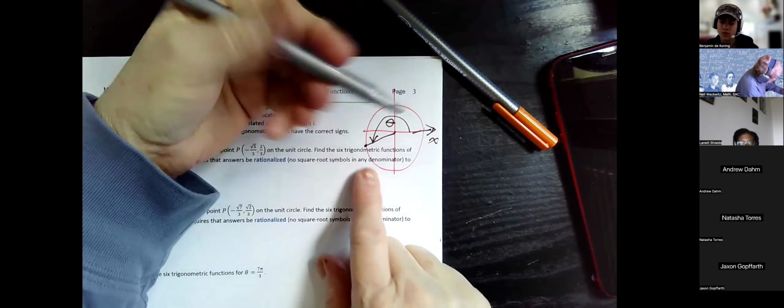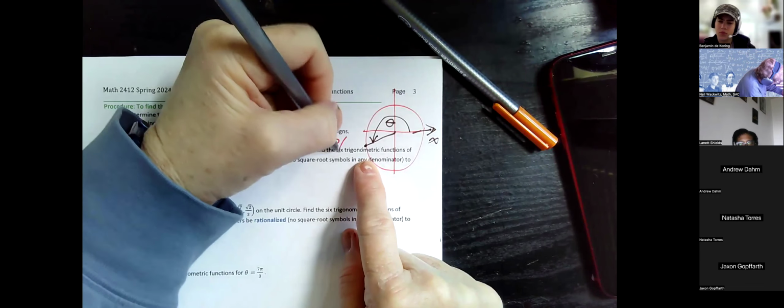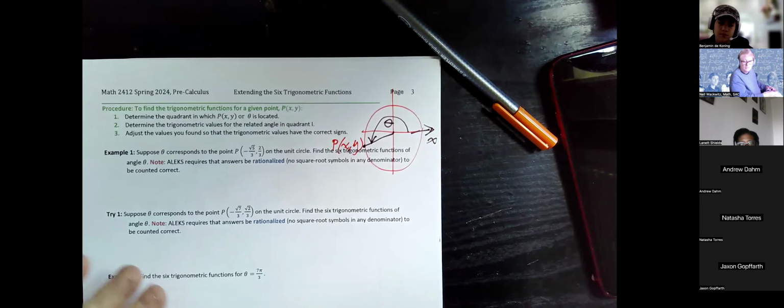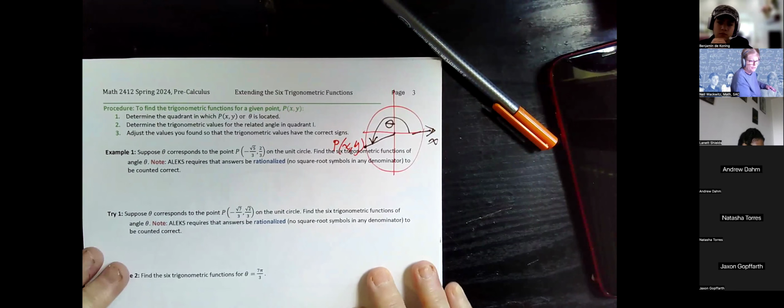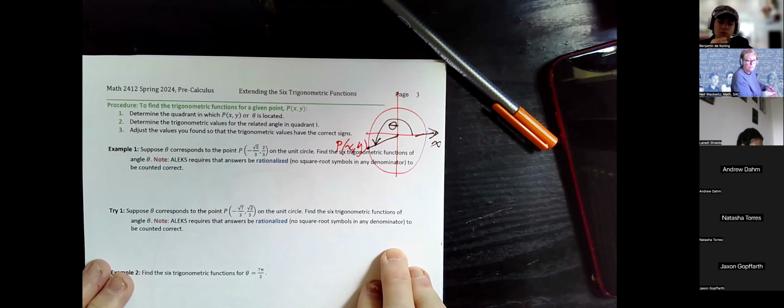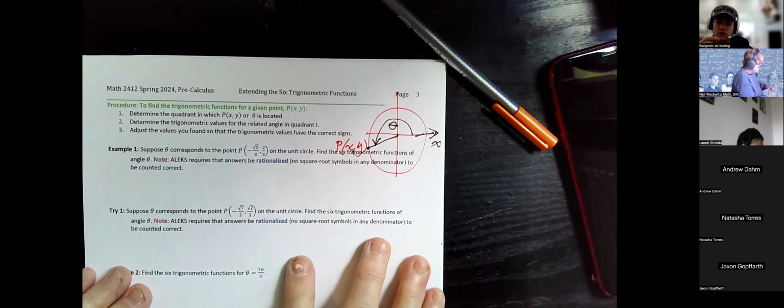So theta here and the point P(x, y) here are related. That's what I meant about the third part of question 2 that we went over earlier.